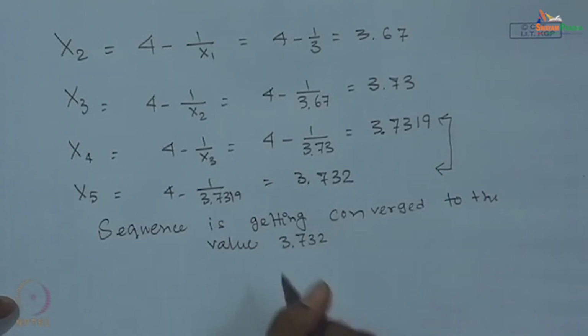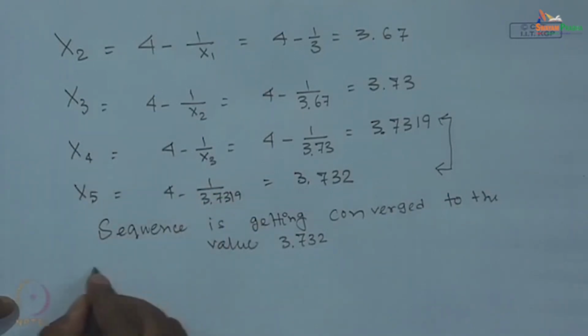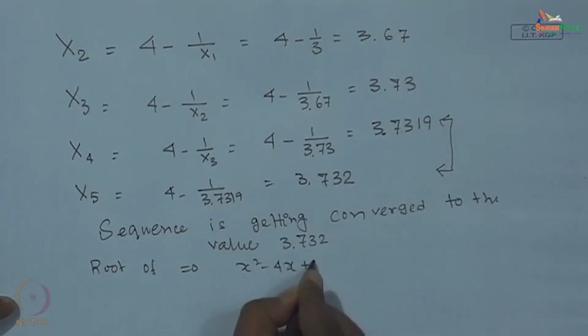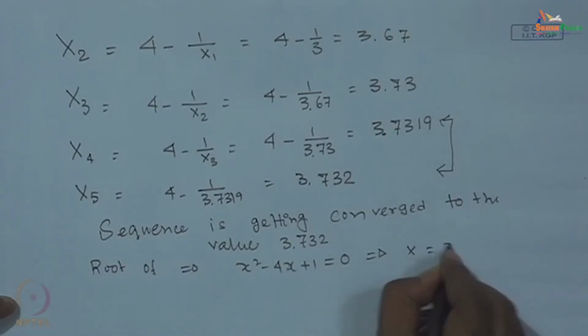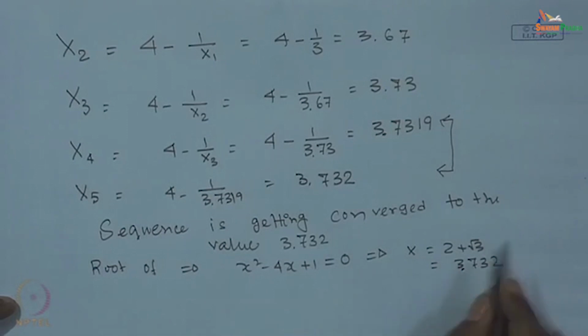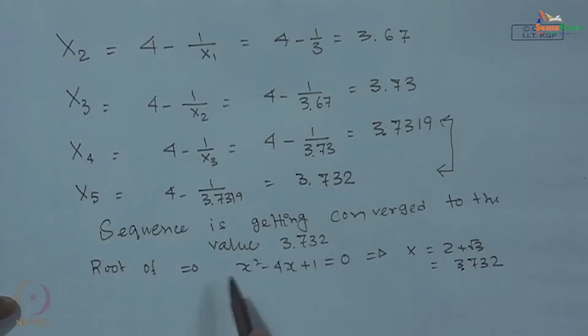3.732. If we look into this equation, this particular value is nothing but the root of the quadratic equation x square minus 4x plus 1 for this particular problem. One of the roots is 2 plus root 3. Root 3 is 1.732, so plus 2, it will be 3.732. Therefore, this sequence that we have developed for the starting point x0 equal to 1 will be converging to the value 3.732.